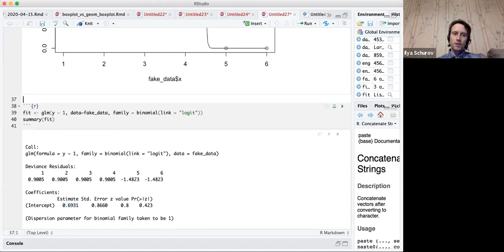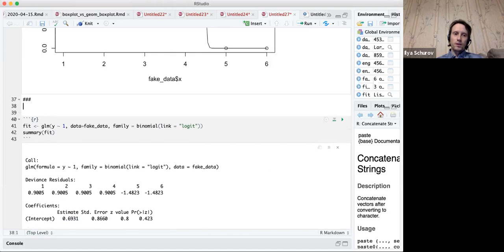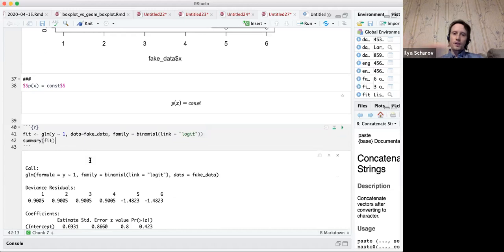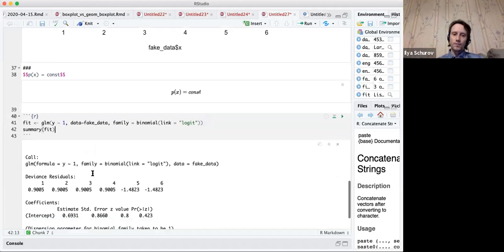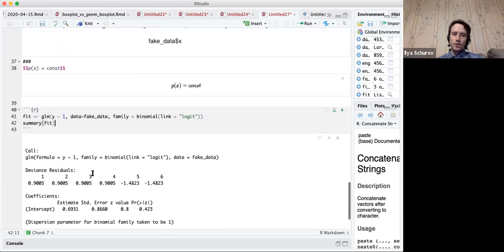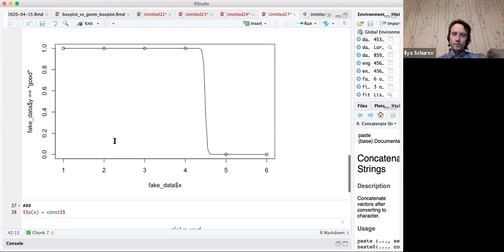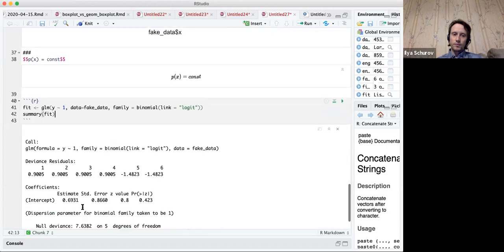So in this model, it means that we have p of x equal to some constant. So for all points x, we have the same probability to get y equals 1. What can you say about this value? How can we interpret this value?